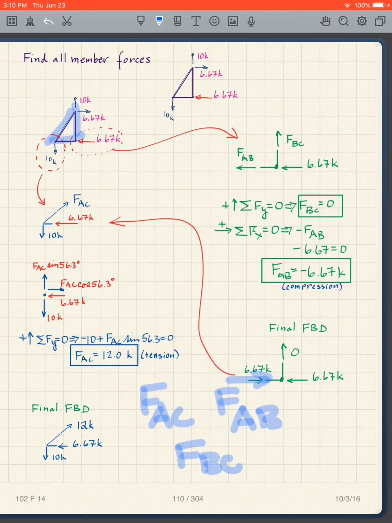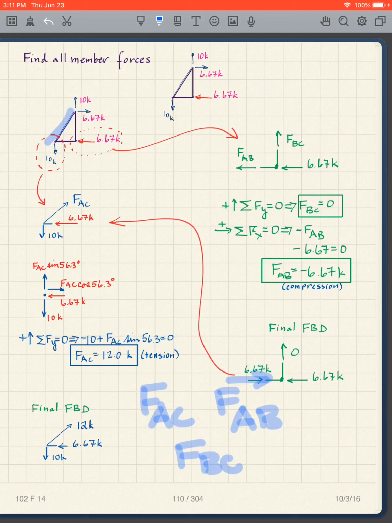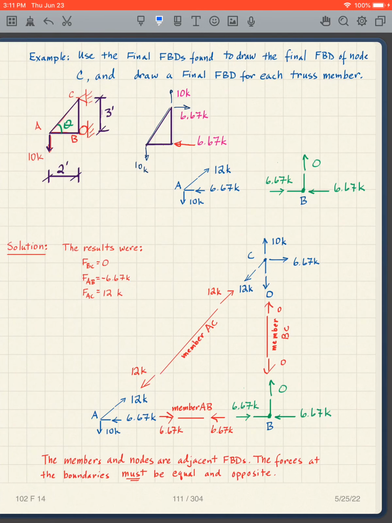And I figured out that FAC is 12 kips. FAB is negative 6.67 kips, and FBC is 0. So I have figured out all of my forces for all of my members, and then now I just want to represent it basically.